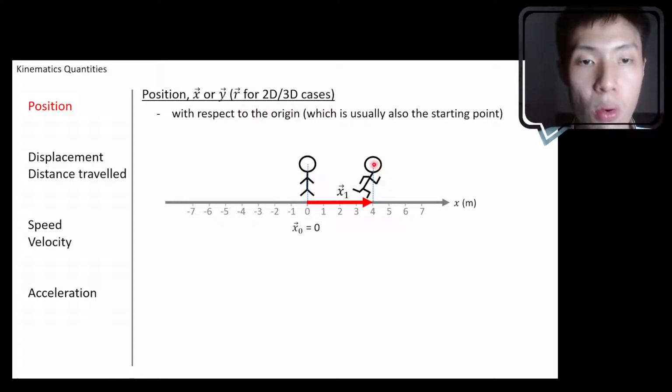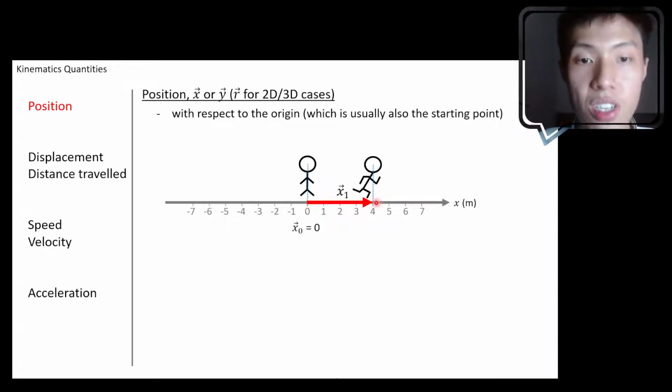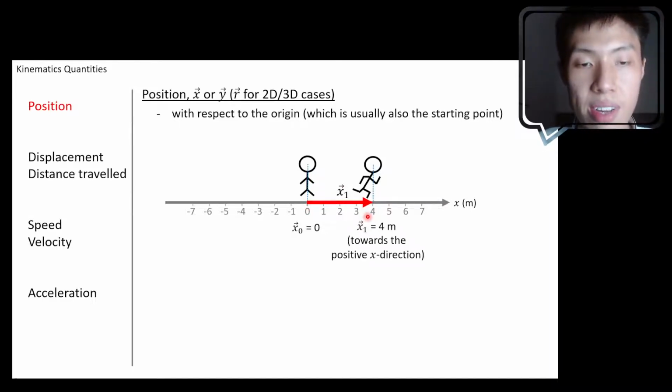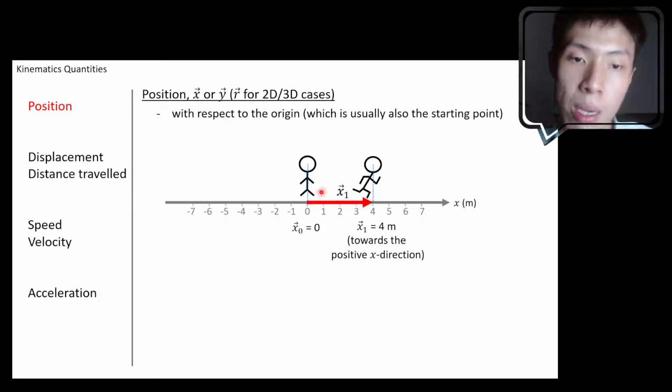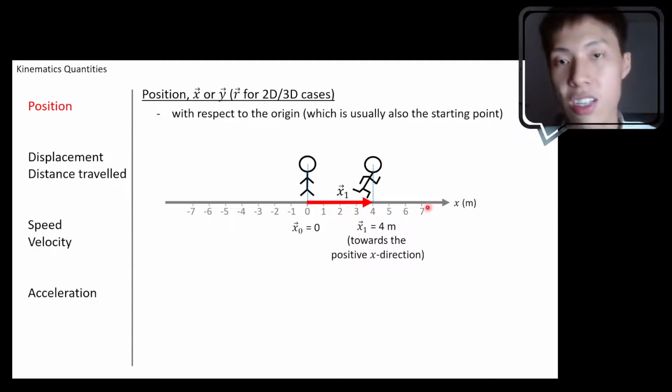You can think of the origin as the first point and the current position as the second point, so you draw a vector like this. This vector here we can describe as 4 meters. Because our axis is in meters, this will be 4 meters towards the positive x direction, because this vector is pointing towards the positive x direction.